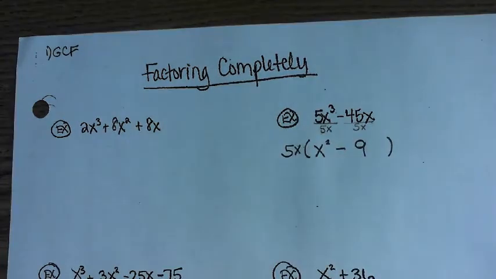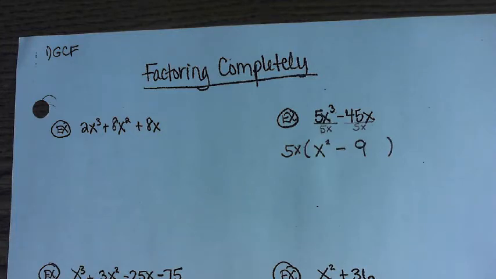So now that you've pulled that 5x out, now look at the binomial that's left. Is there something special about that? By special with 2 terms, I mean, is it the difference of perfect cubes, the difference of perfect squares, or the sum of perfect cubes, or none? Difference of perfect squares, and difference of perfect squares factor into, what's the vocab word, Jack?